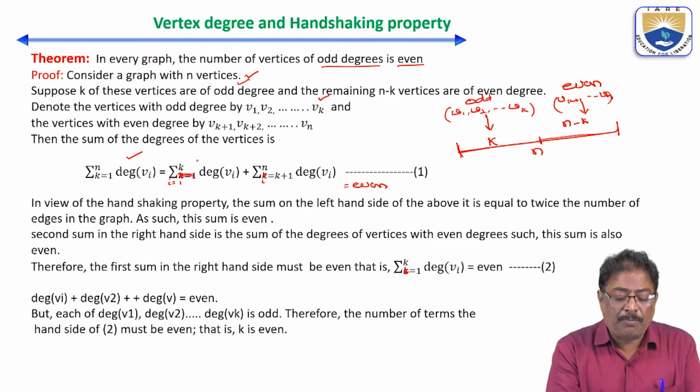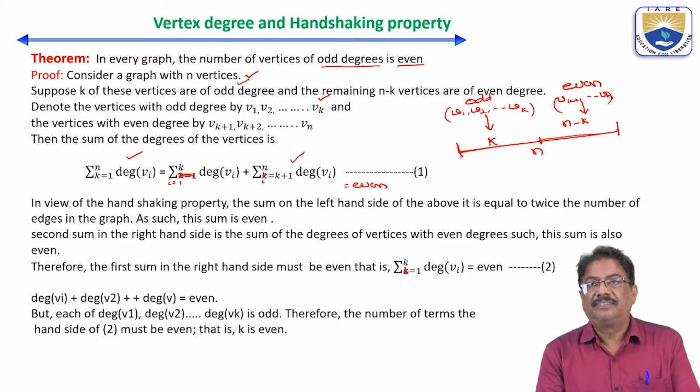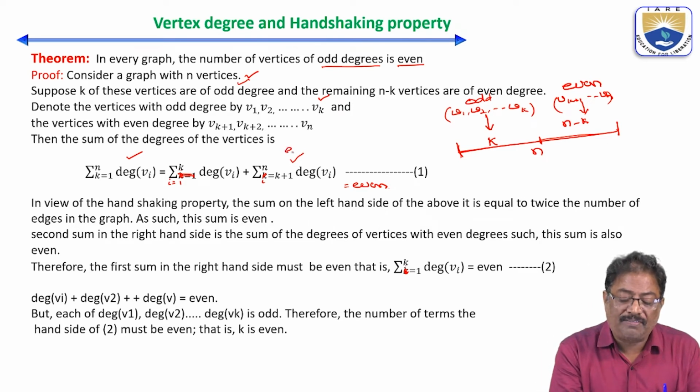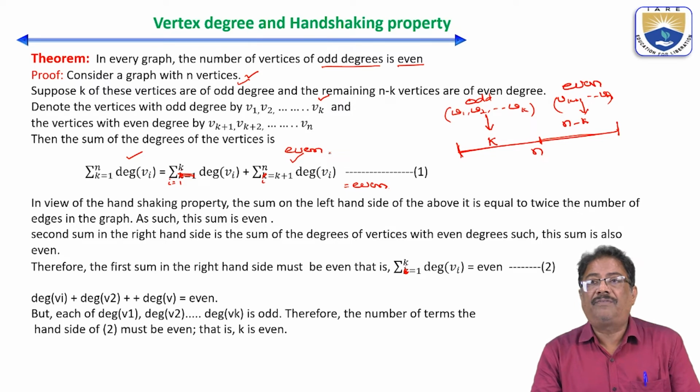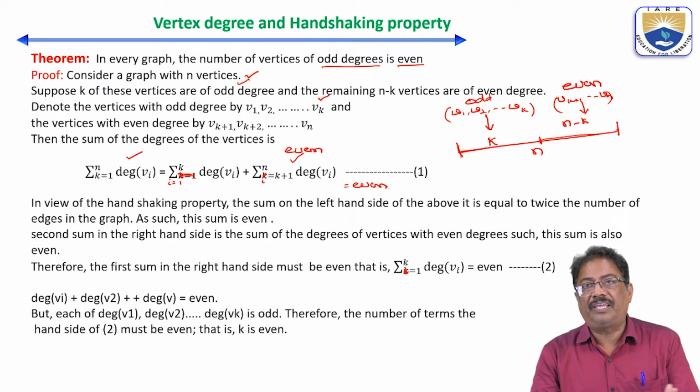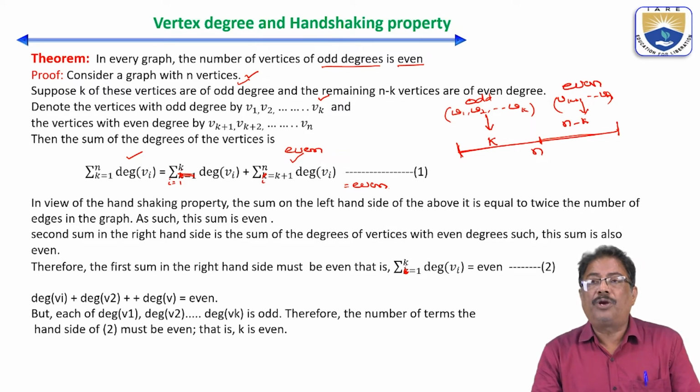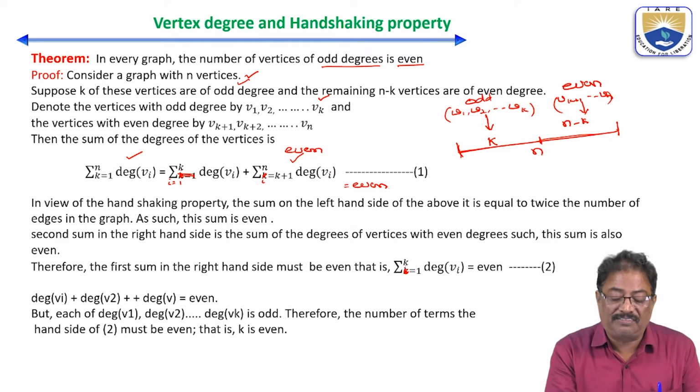The second part is a sum of even degree vertices, so it is always even, whether the number of vertices is odd or even, because if I multiply an odd or even number with an even number, I get an even number.